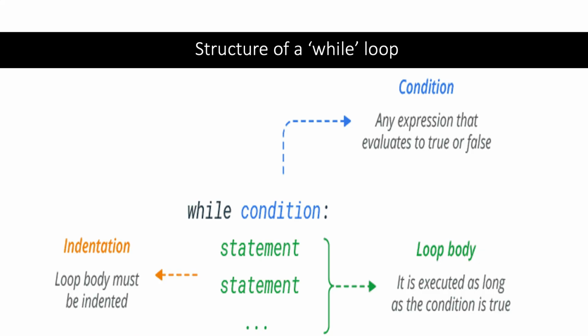Now after the colon, the diagram shows that the loop body consists of one or more statements that must be indented to denote that they are part of the loop. This indentation is crucial in Python because it indicates the scope of the loop. Now the loop body will continue to execute as long as the condition remains true, and each time the loop body runs, the condition is re-evaluated before the next iteration begins.